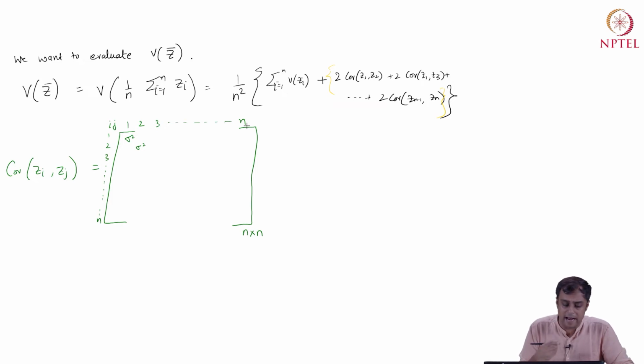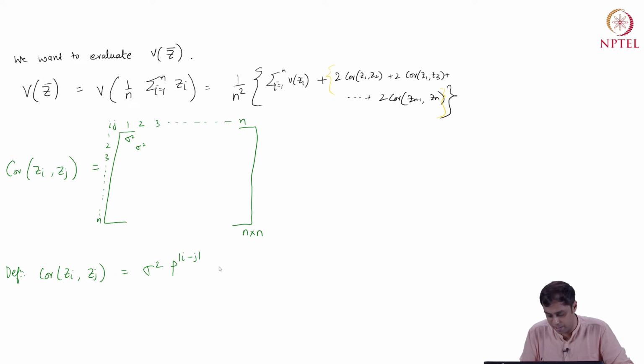Given my definition, covariance of Zi, Zj is equal to sigma squared rho to the absolute value of the difference between the locations i and j, such that i goes from 1 to n and j goes from 1 to n. So I am going to use this definition and fill in the variance covariance matrix.